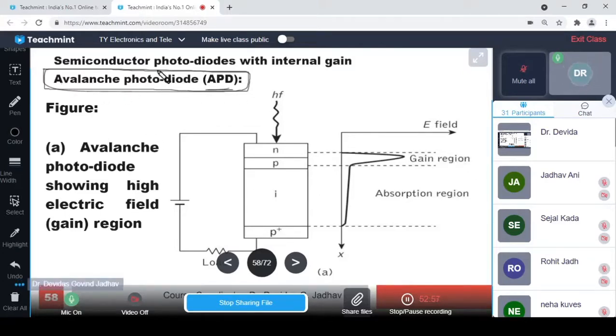So the avalanche photodiode is a gain diode with internal gain. Just check this heading given. It is with internal gain, and the previous diode was without internal gain, isn't it? For PN and PIN photodiodes, this heading was without internal gain. Let us check.